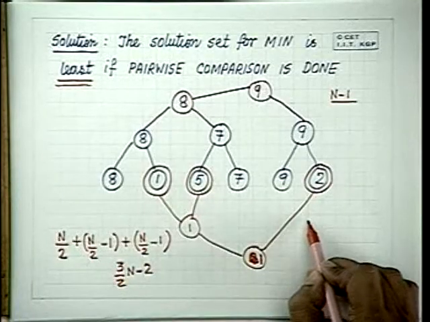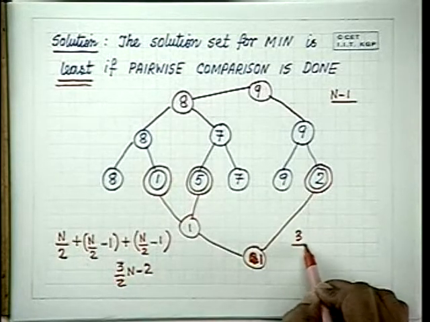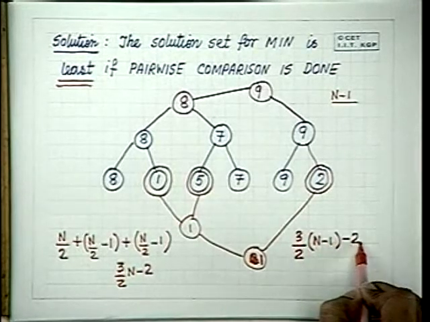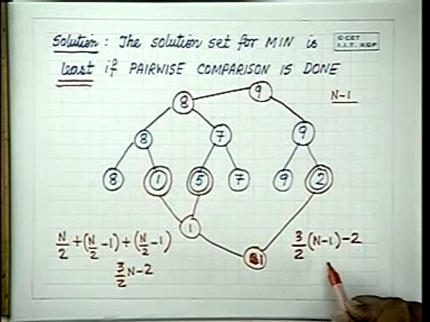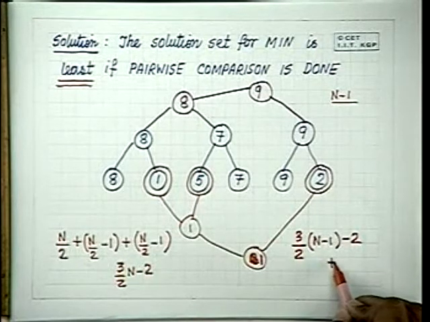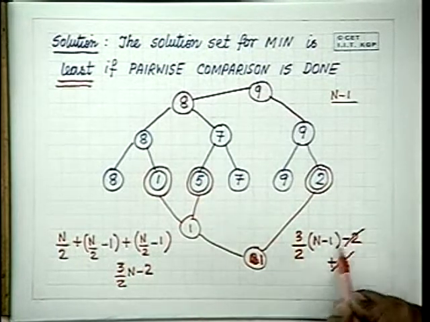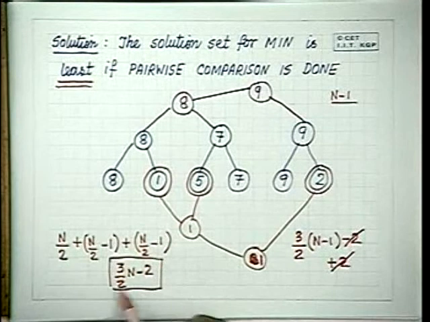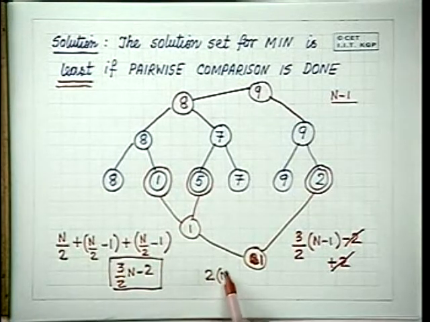That way, in the odd scenario, for the even part you will require this, and the last one will have to be compared with both the maximum and the minimum. So these two will cancel out, and for odd you will require this. So both of them are anywhere less than the number which you had before.